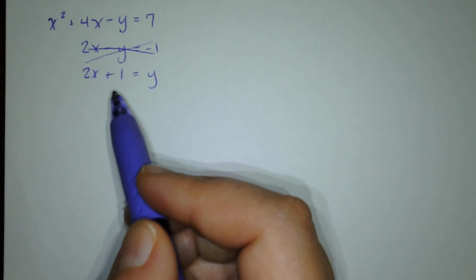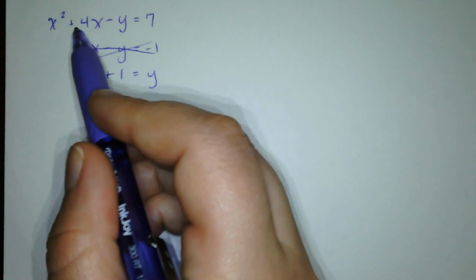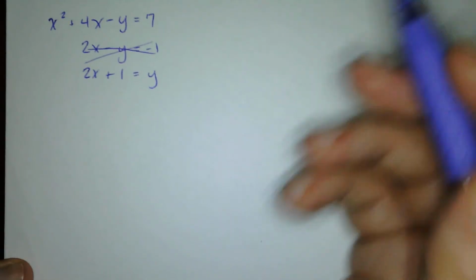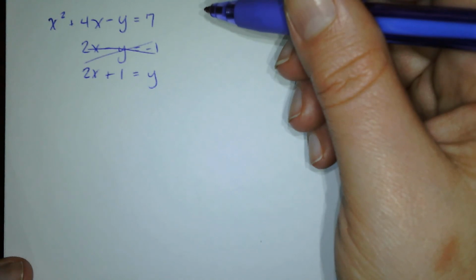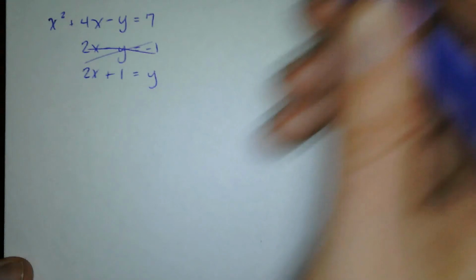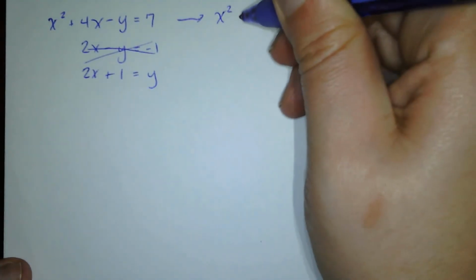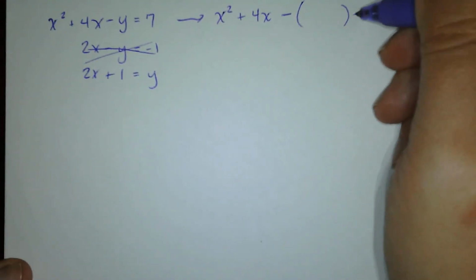We're now going to plug this into here, and we're going to get some values for y. So, let's see here. All right. x squared plus 4x minus y equals 7.